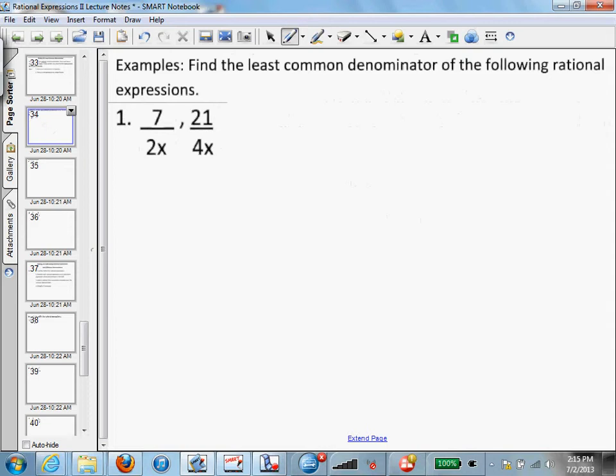So find the least common denominator between the two denominators, and that's what we're going to do. So the denominators right here are 2x and 4x. So the higher number, a number that both the 2 and the 4 will go into, if you think about it, will be 4.